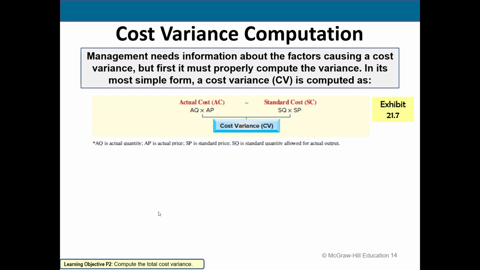Actual price, or AP, is the actual price paid, and standard price, or SP, is the standard price. Price variances result when we pay an actual price that is different from the standard, and a quantity variance occurs when the actual amount of a resource differs from the standard amount that should have been used.